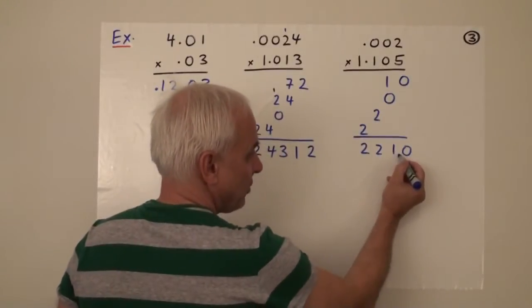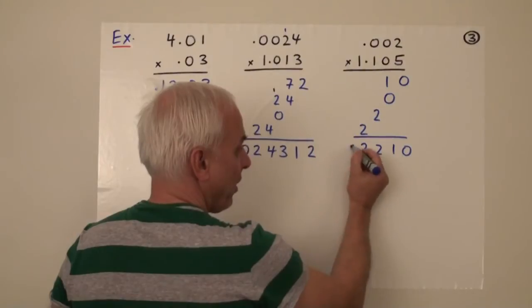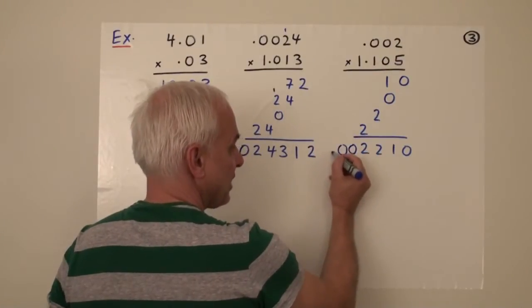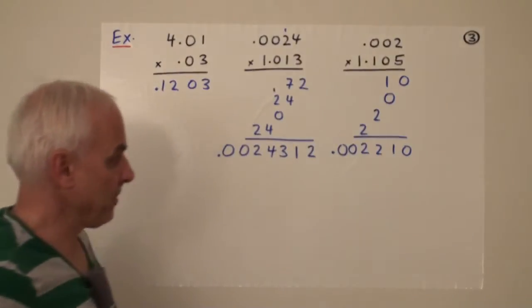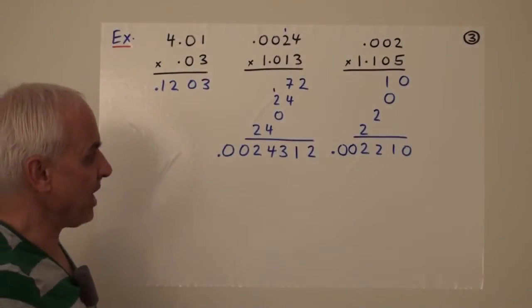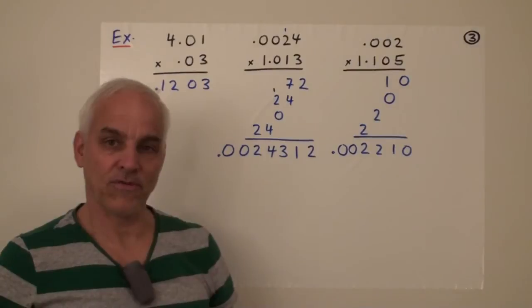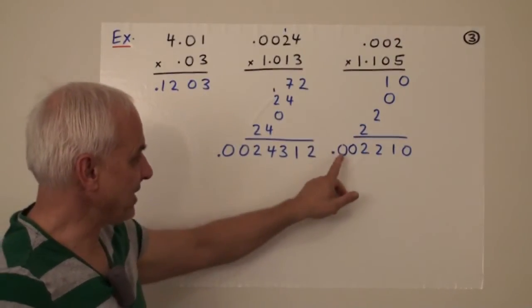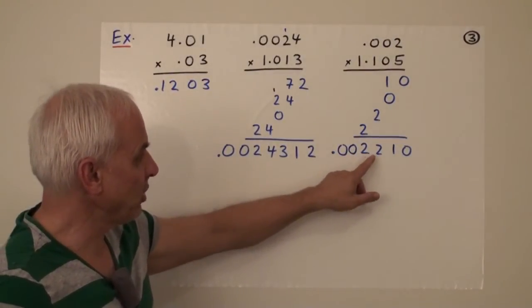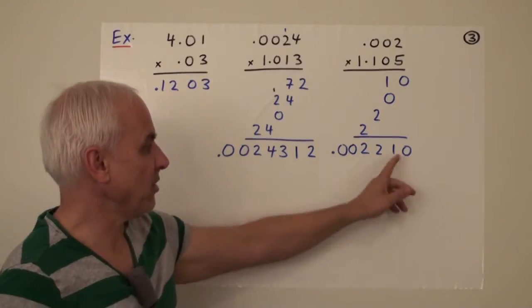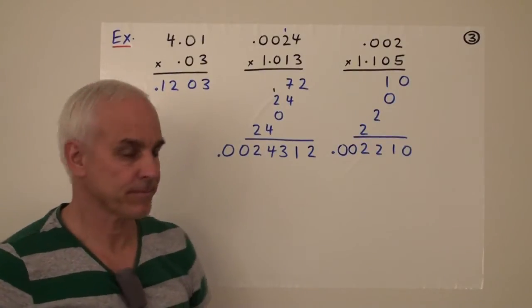So there's 1, 2, 3, 4, 5, 6. We're adding 2 zeros at the front to allow us to move the decimal place over a total of 6. So the answer is 0.002210, and that last 0 is irrelevant.